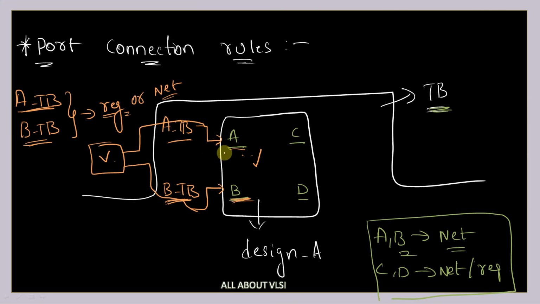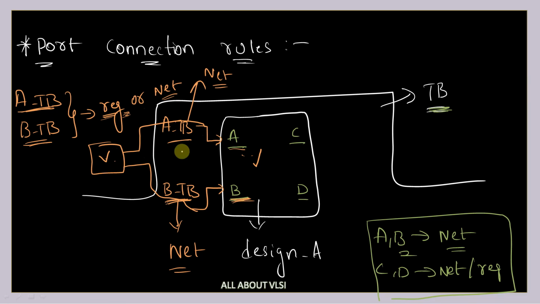So in that particular case, you need to declare A underscore TB and B underscore TB as net. Or else, if you are not going to connect any other module, then you can simply declare A underscore TB and B underscore TB as reg.